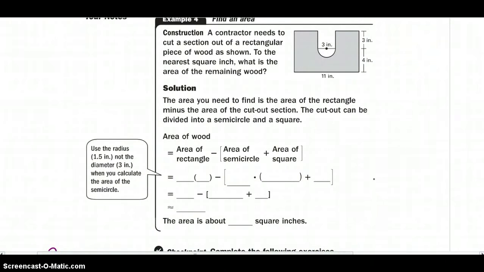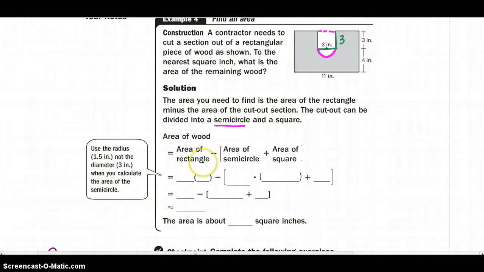So the area you need to find is the area of the rectangle, the whole rectangle minus this little piece on the inside. The cutout can be divided into a semicircle, which is at the bottom here, and then a square, since I know that my base is a square and my height is a square.